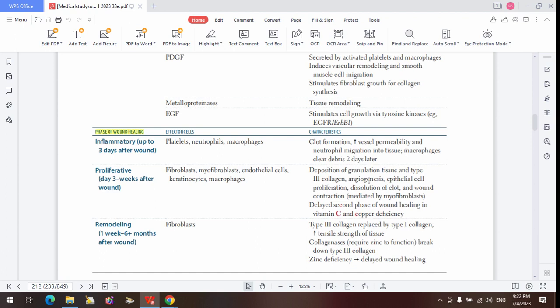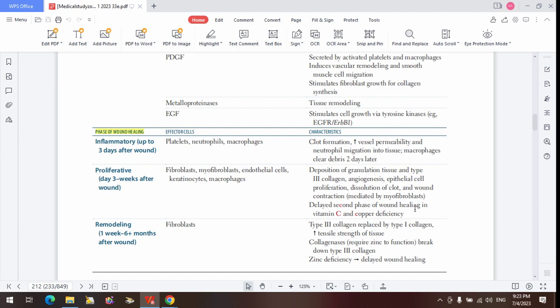Your fibroblasts will now differentiate into myofibroblasts. Fibroblasts with contractile protein are known as myofibroblasts. Those will now contract to move the edges of the wound together and shrink that wound. And of course, the clots that were formed in the inflammatory phase from the platelets will be dissolved.